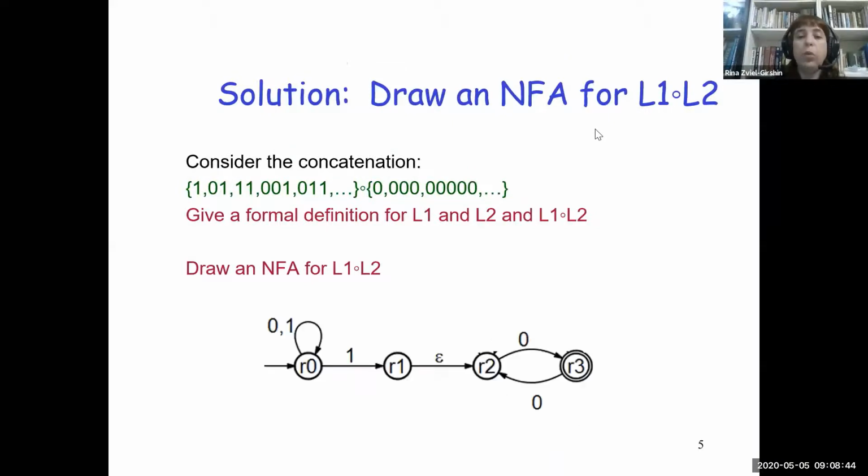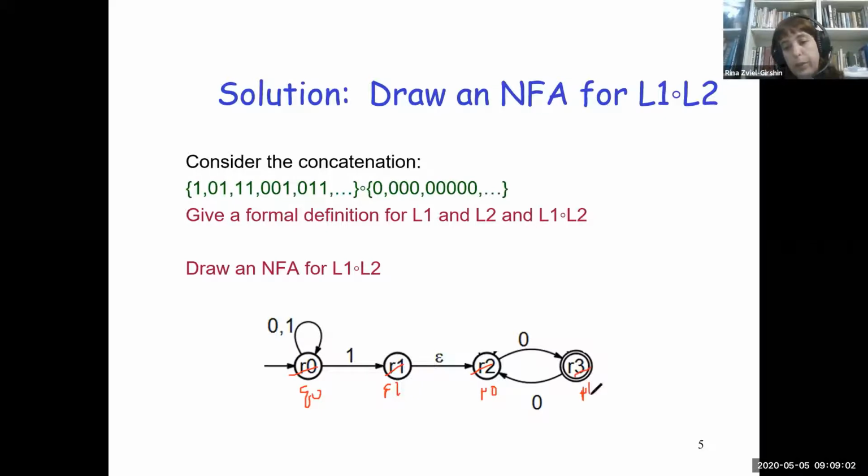Here I'm using a little bit different notation, I move to R, but if you don't like it, this state can be Q0, this can be Q1, this is P0, this is P1 from the previous drawing. So I would like to define the 5-tuple of this automaton.